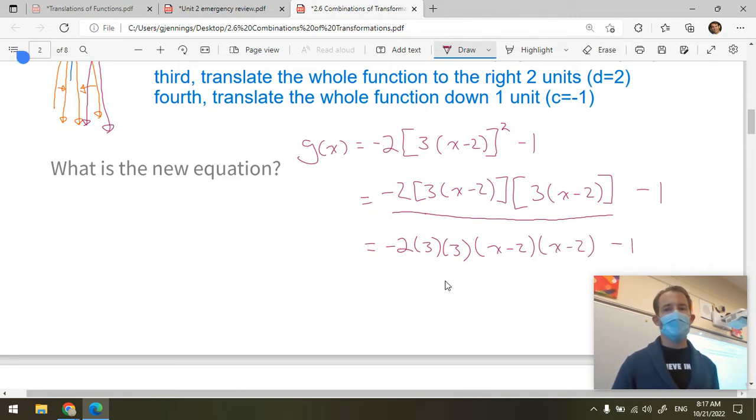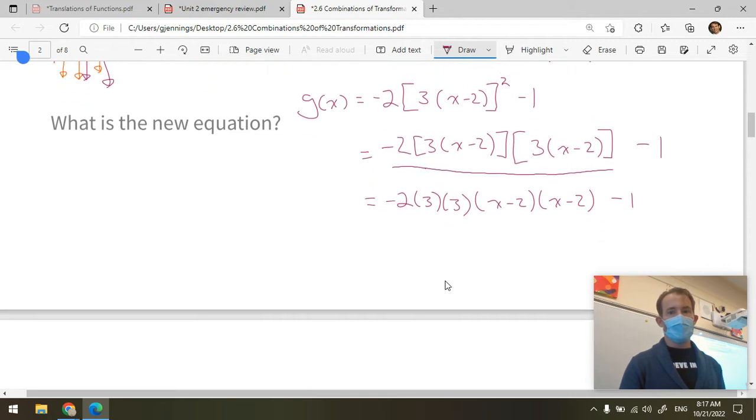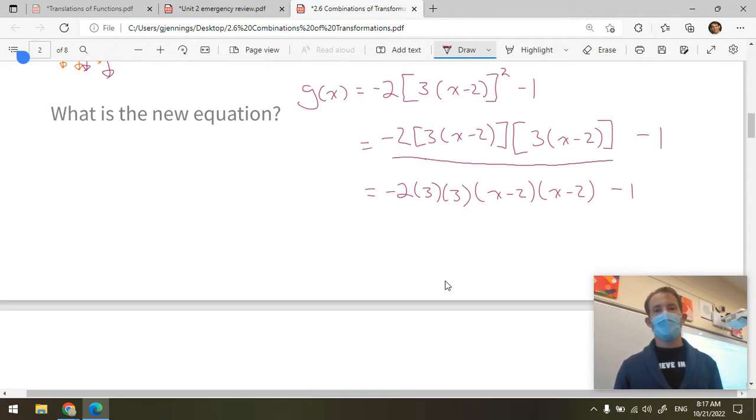I didn't do any operations there. I just reorganized the order of things. Okay? And now let's do that multiplication. -2 times 3 times 3, that's -18. (x minus 2) times (x minus 2) is (x minus 2) squared. And -1 is -1.